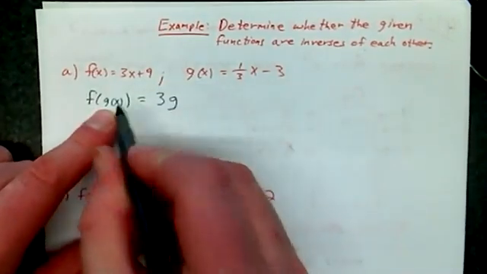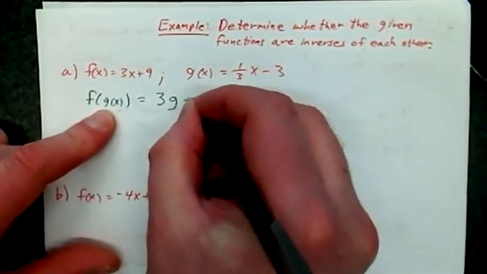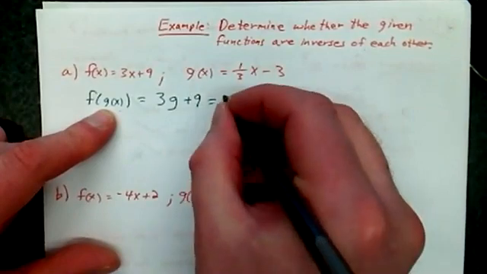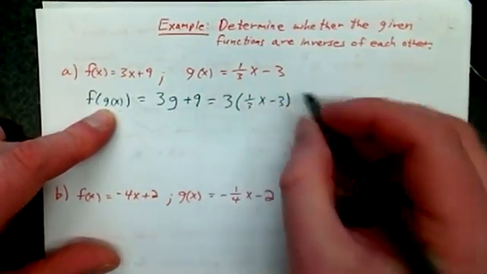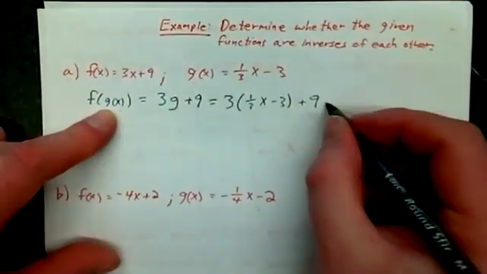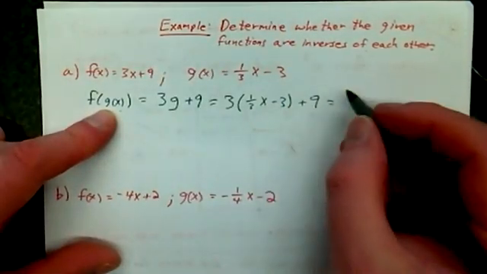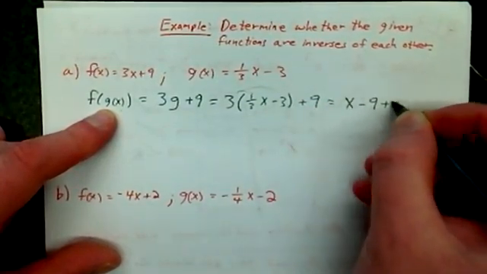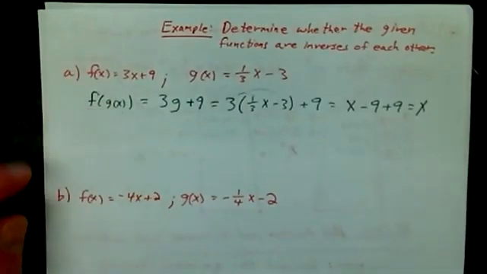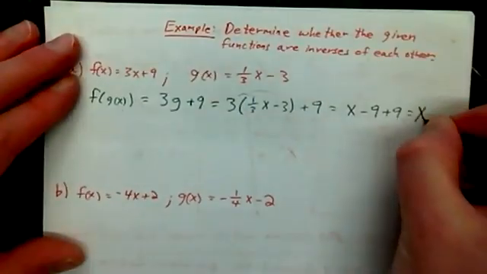I'm just putting g in wherever I see an x, plus 9. That's going to be 3 times 1/3 x minus 3, plus 9. This is going to be, let's see, if I distribute the 3, I get x minus 9 plus 9 equals x. Well, hey, f of g of x is x.